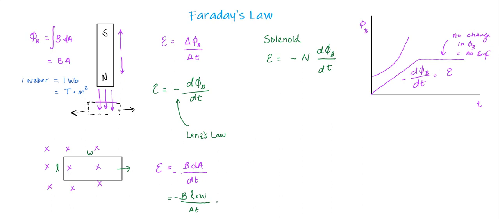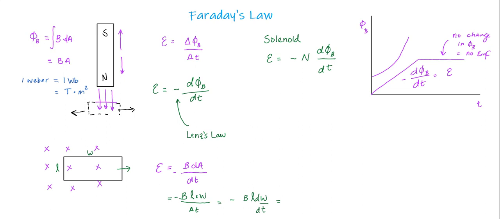So what I can see here now is that the amount of width that is in the field is varying as time varies. So essentially I'm restructuring this to be B times L, this constant length that isn't varying as time passes, times that width value over the time. Now the d comes back into the fact that that is changing.